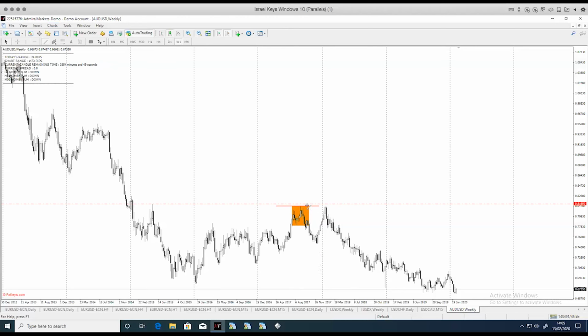Price could have reached there, come back here, gone up here. This is very common. Come back to that level, not to test it, just come back to that level and then gone on. That happens several times in the marketplace.